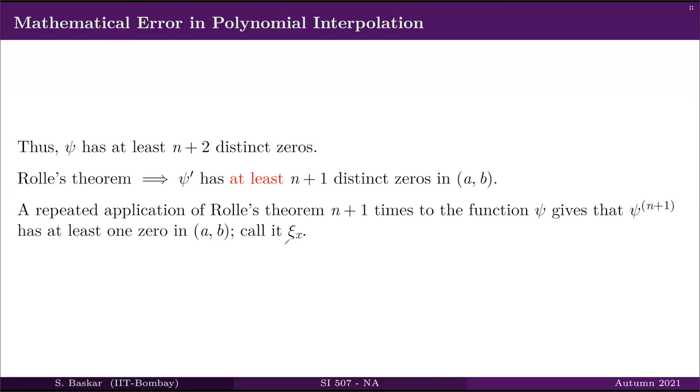Let us denote that zero by ξ(x). Note that we don't know how this ξ(x) will look, but surely Rolle's theorem guarantees that such a ξ(x) exists, that's all. So in that way, ξ(x) remains unknown to us. We only know the existence of such a point, otherwise we don't know how to compute it.